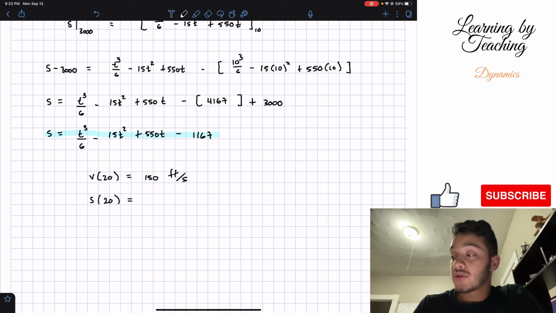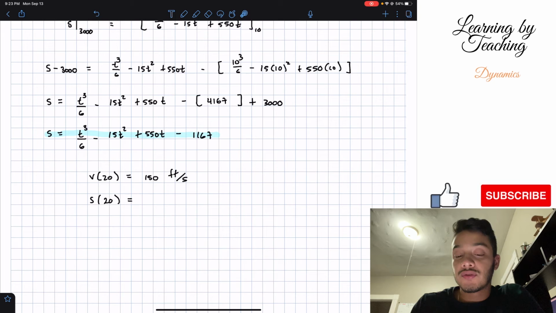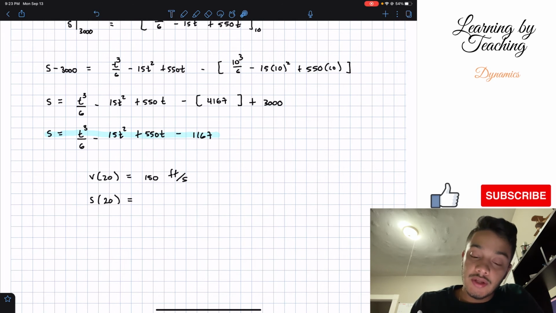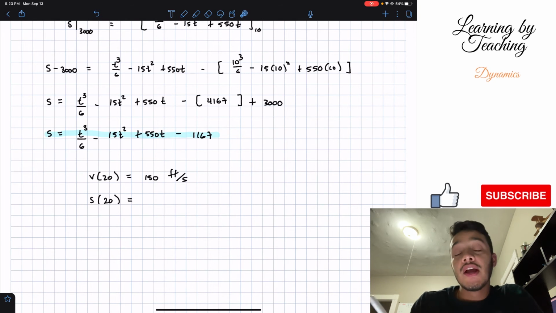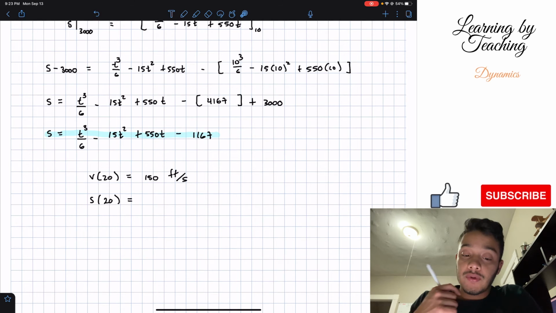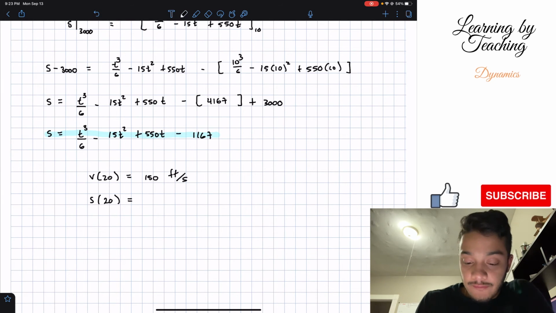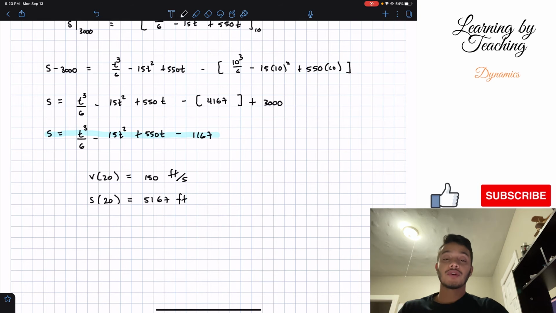Just put when time is equal to 20, and we're just going to have 20 cubed divided by 6 minus 15 multiplied by 20 squared plus 550 multiplied by 20 minus 1167. Okay, so if we plug this into our calculator, when time is equal to 20 it will be equal to 5167 feet.